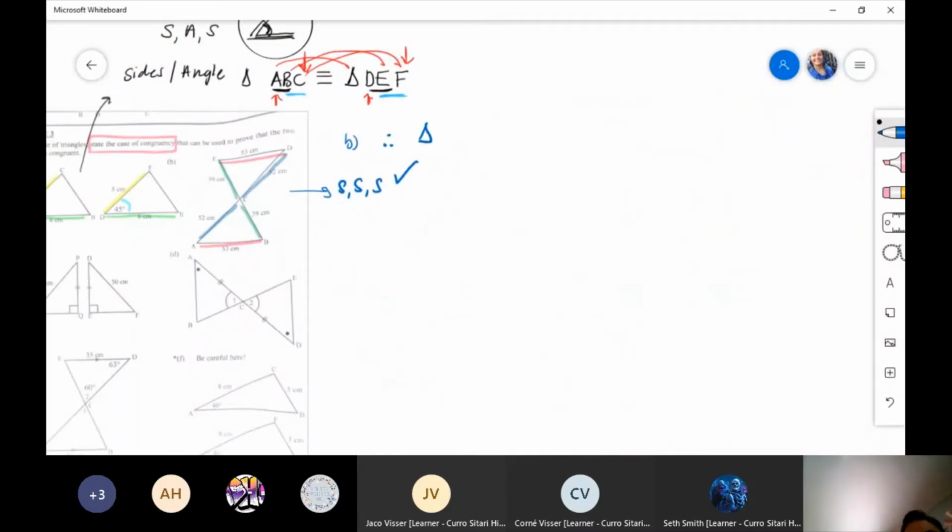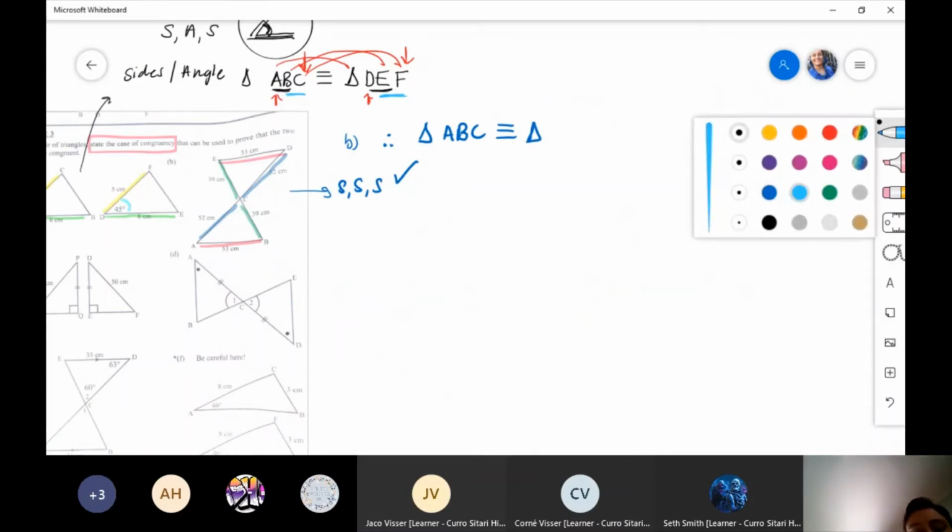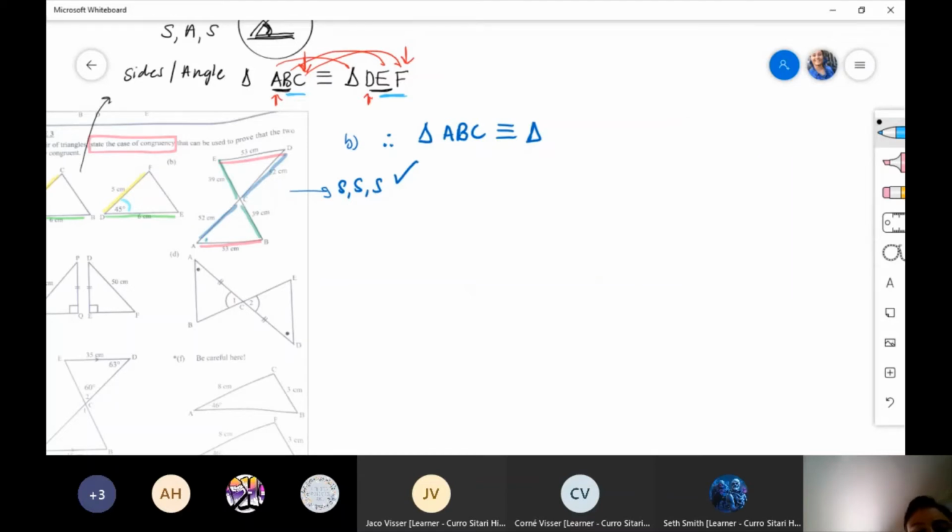triangle. Now, let's always try alphabetical order for the first triangle, ABC, is congruent to triangle. Now, let me find what angle A is equal to. Going into detail, I'm looking at this angle here, which is between the 52 and the 53, which means this angle should be equal to that one.